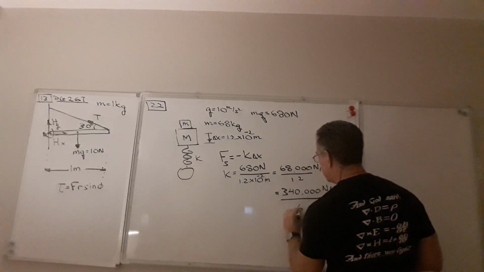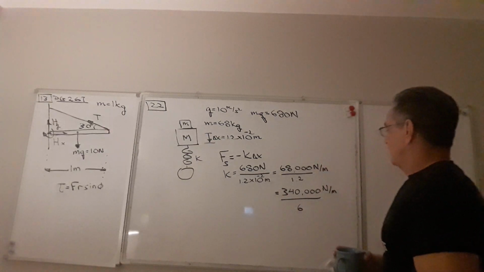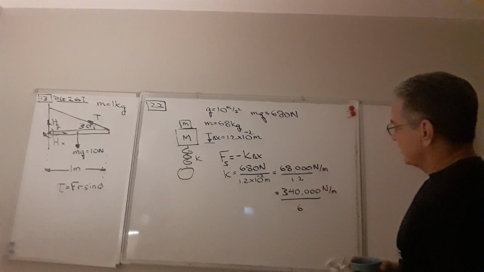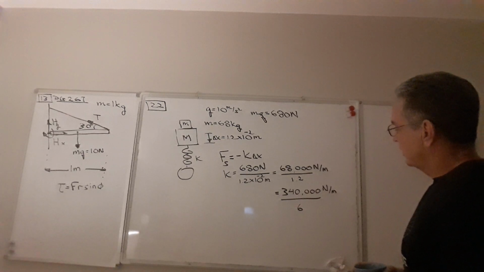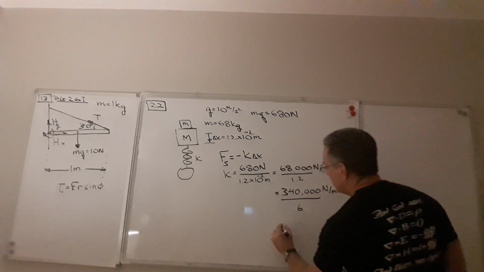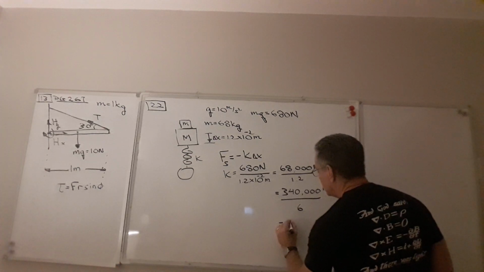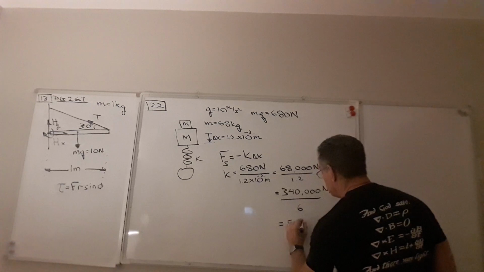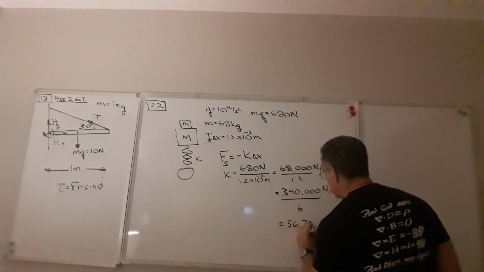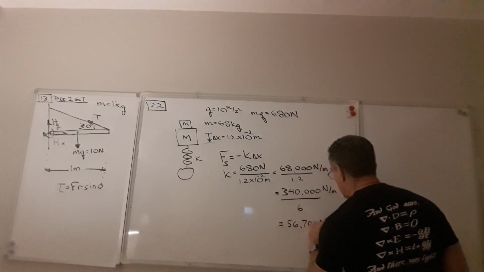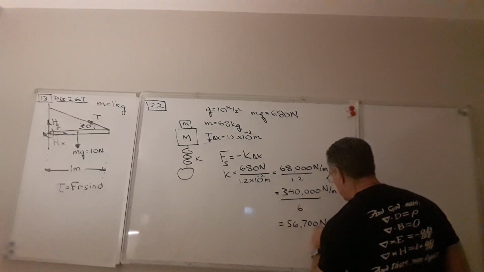And you divide that by 6. If you divide by 3, you get 113.3 thousand. If you divide that again by 2, you get 56,700 newtons per meter.